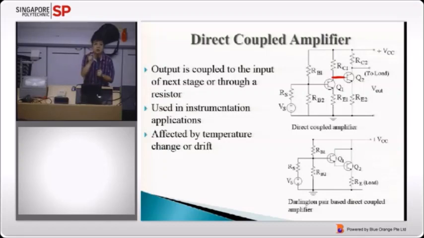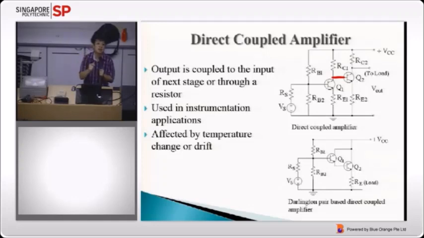That's why it is called the direct coupled method. You are directly coupling the second stage to the first stage output. As I said, you just connect the output to the input of the second stage.